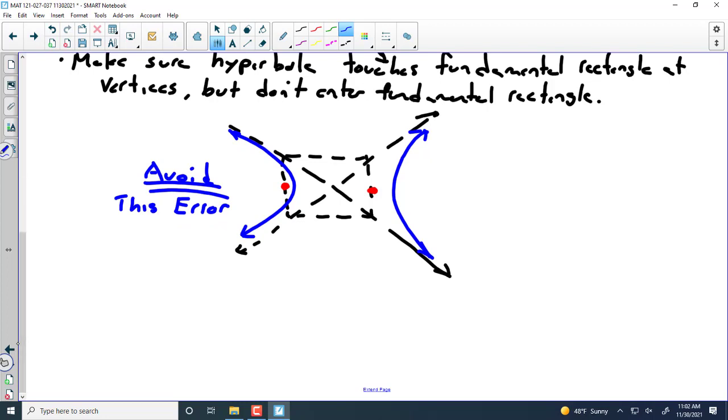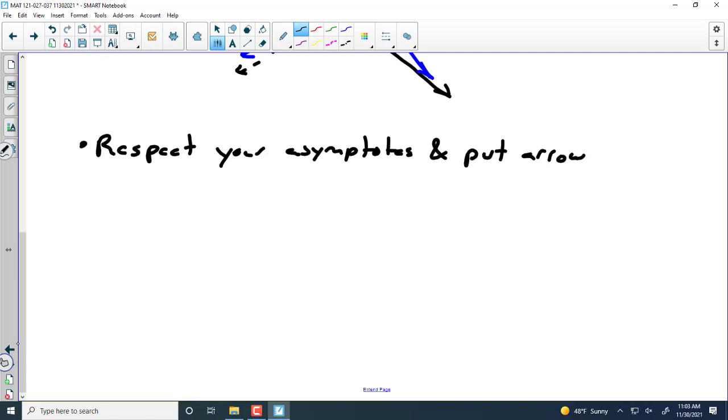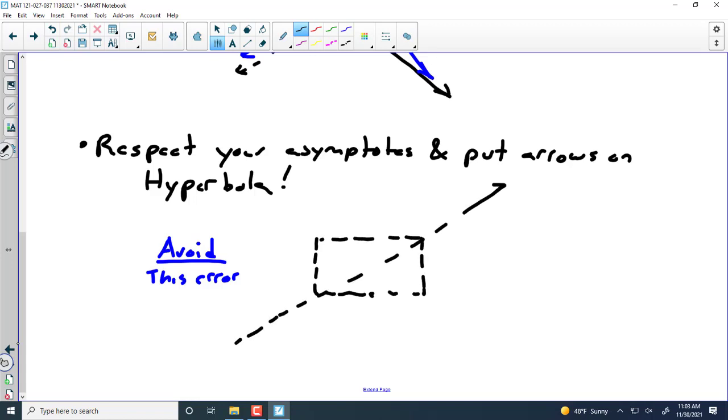Finally, respect your asymptotes and put arrows on your hyperbola. Avoid this error right here. You got your fundamental rectangle. You got your asymptotes, which look great.